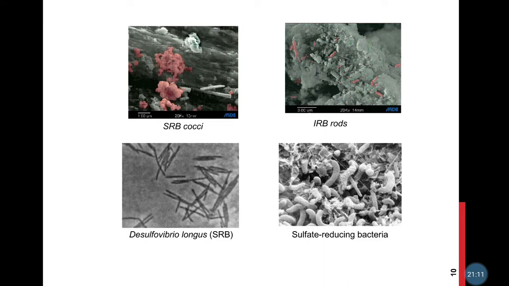Okey, kalau pada micrograph ni kita boleh tengok SRB, sulfate reduce bacteria, Golgi, saya pun tak tahu macam mana nak pronounce. Okey, kita tengok iron related bacteria, Rhodes. Okay, dah bentuk Rhodes, and then Dissolvovibrio longus. Saya pun tak kerti nak sebut. Ini kategori yang dalam kumpulan sulfate reduce bacteria.